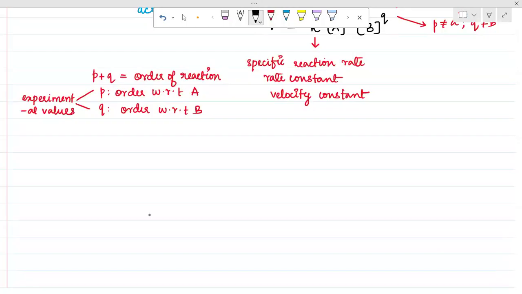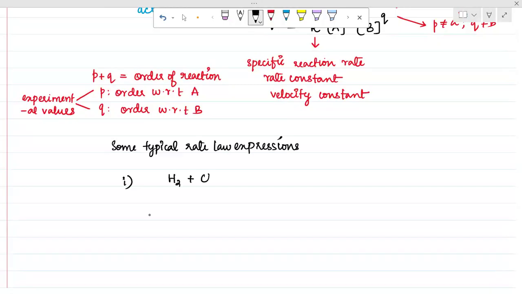Some typical rate law expressions. This is just for your understanding, okay? 1.